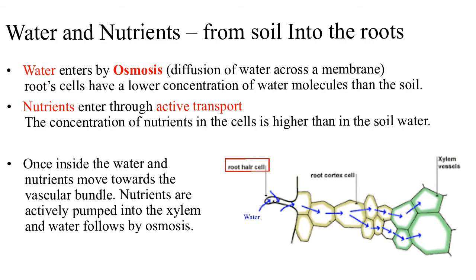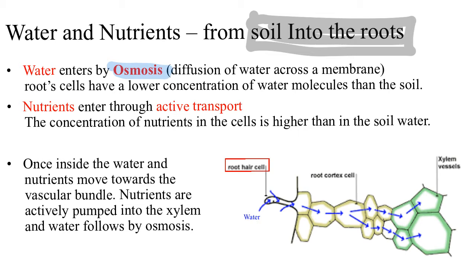Okay, so on this slide, we are going to be focusing on how water will move from the soil and into the roots. So we're moving from the soil into the roots because that's ultimately where the water comes from. Water is going to be entering the roots via osmosis. Remember, we just finished talking about that.